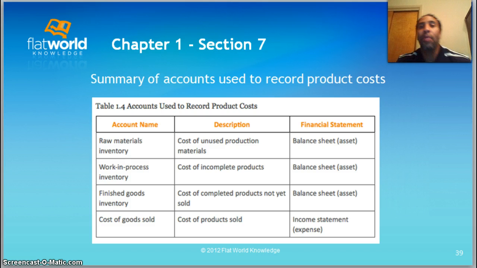It hasn't been sold from the company as of yet. Finished goods inventory, the cost of goods completed but not yet sold. We've completed them, but we haven't sold them, so it's still on the balance sheet. Now the only change is at the bottom, where it goes to cost of goods sold: the cost of products that are sold, and it's on the income statement as an expense. Now it's showing as an expense because we sold it, and now we know exactly how much money we received in return for it.